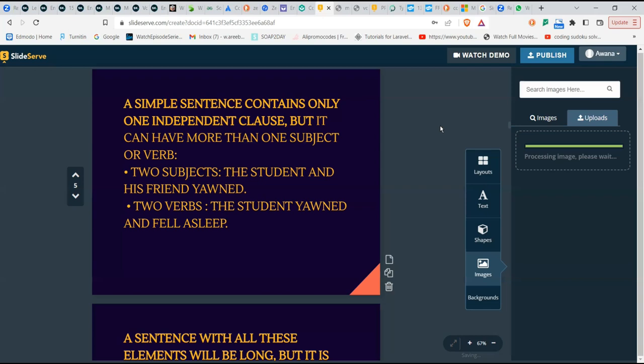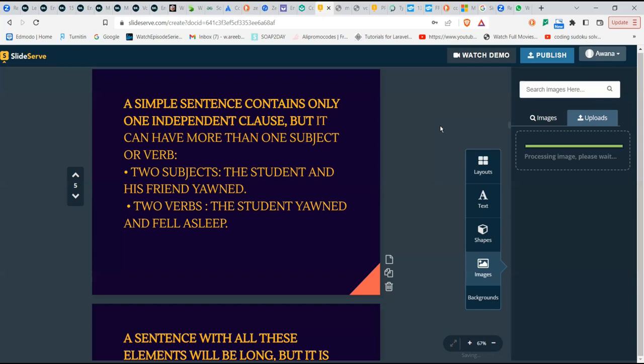Two subjects would be if I said Hira is drinking milk and Laiba is eating cookies. Now they are two different subjects because they are in two different clauses. Over here Hira and Laiba are in a single clause and they are performing a single action. They are called a compound subject.